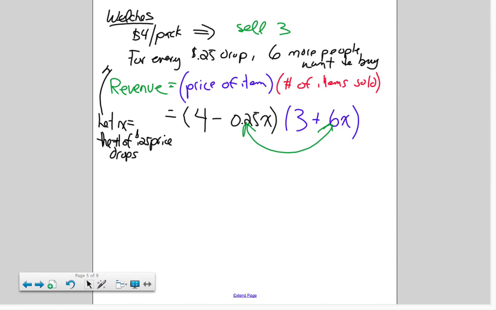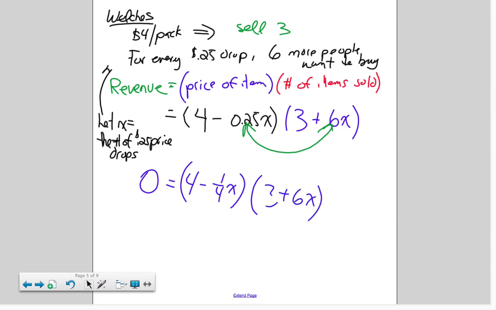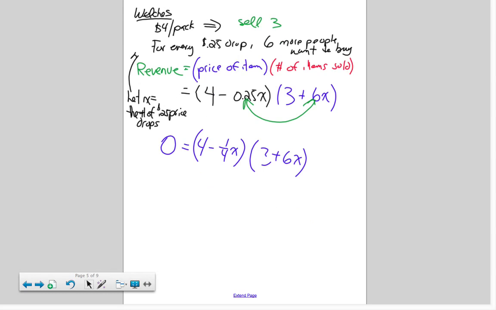Yes, so I want to find the x-intercepts, so I just set this to 0. I'm going to change that to a fraction. I want to set it to 0 because I want to find my x-intercepts on this equation. Well, that's just going to be 4 minus 1/4 x equal to 0, or 3 plus 6x equal to 0.